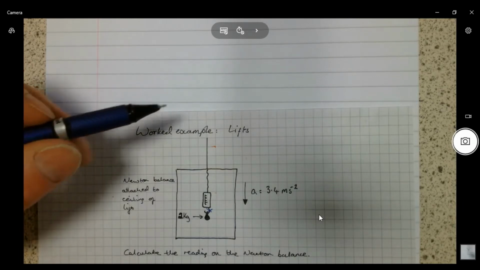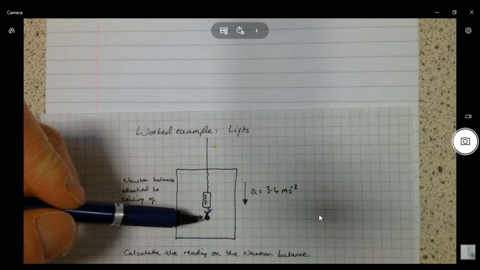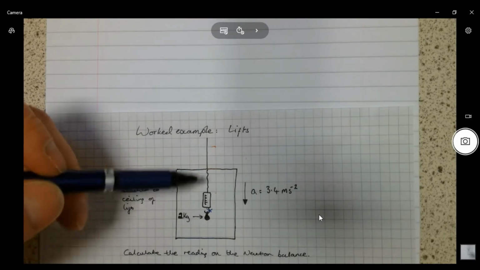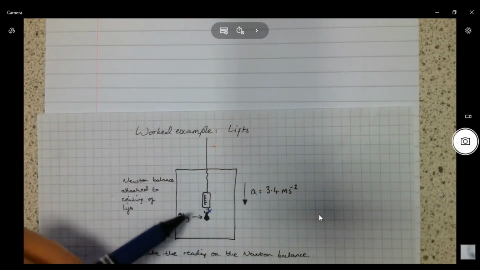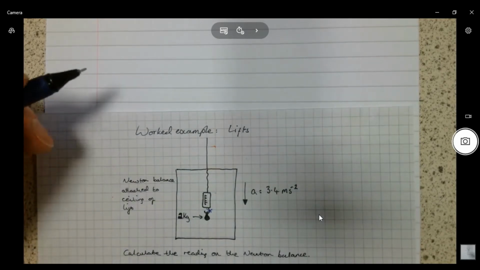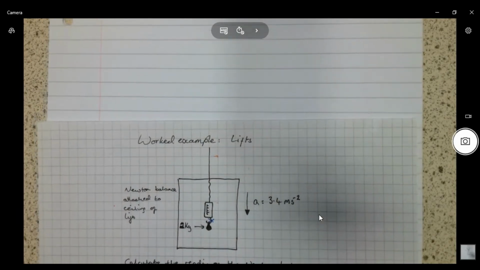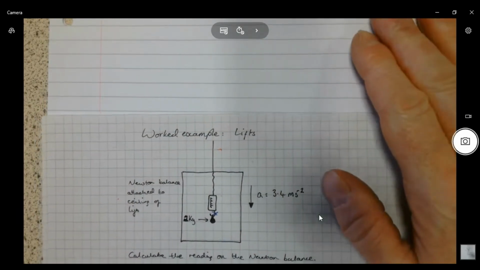So the fact that the Newton balance is in the lift is really just to confuse you. It has very little bearing on what actually needs to be done in this question.